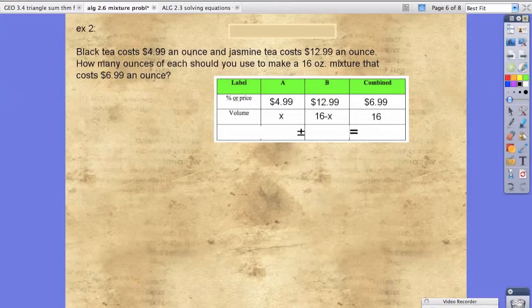Then following the same procedure as before, we're going to multiply down, giving us 499x, 1299 times the quantity 16 minus x, and 699 times 16.